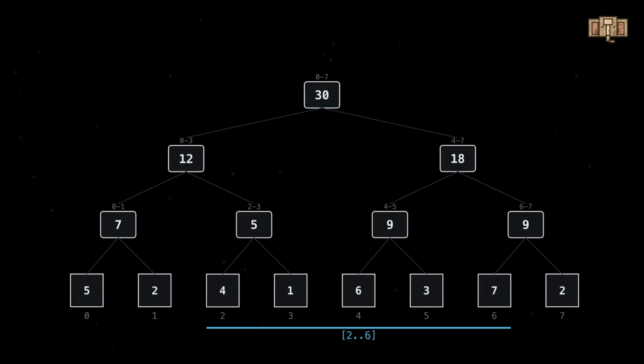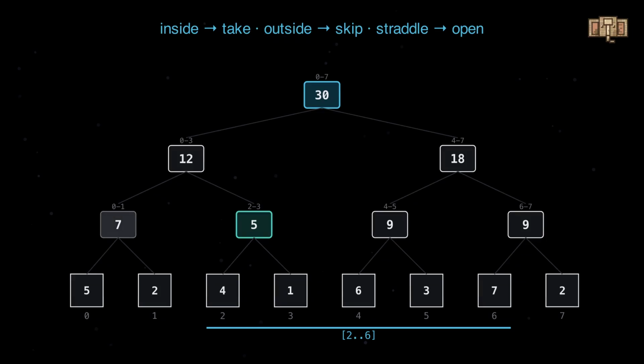Now let us actually answer a query. We start at the very top and walk down. At every node, we ask one simple question. Is this block fully inside the range, fully outside, or straddling the edge? If it is fully inside, we take the whole block. If it is fully outside, we skip it completely. And if it straddles, we open it and ask the same question of both children.